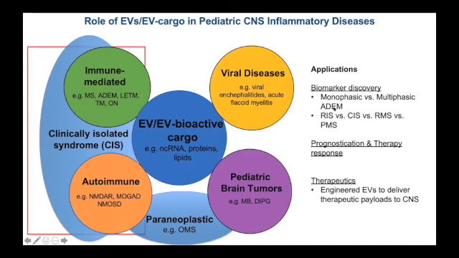I didn't even talk about ADEM here, but is there a way to identify patients who will have a monophasic single attack versus those who will have recurrent or multiphasic ADEM? There's a spectrum of diseases here within demyelinating diseases.